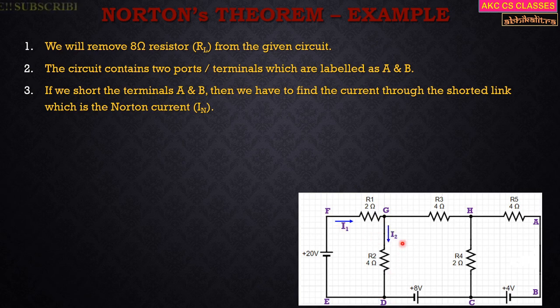So the remaining amount of current that will flow from G to H is I1 minus I2. When I1 minus I2 reaches the junction H, I assume that another current I3 is flowing through the wire H to A, labeled I3. If I3 is flowing from H to A, the remaining amount of current which will flow down the wire H to C will be I1 minus I2 minus I3.